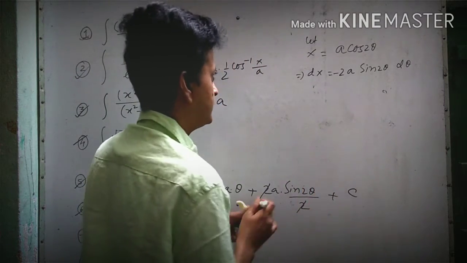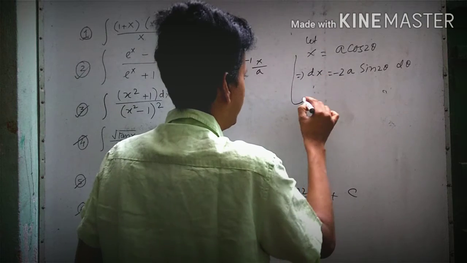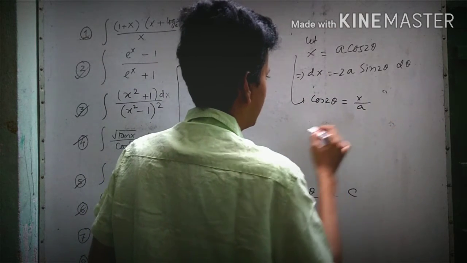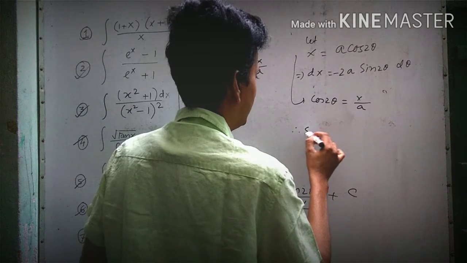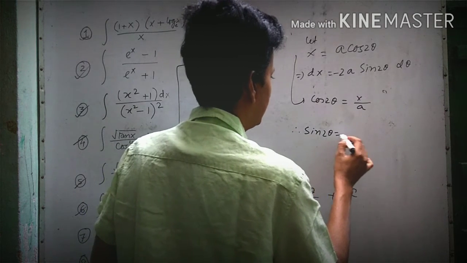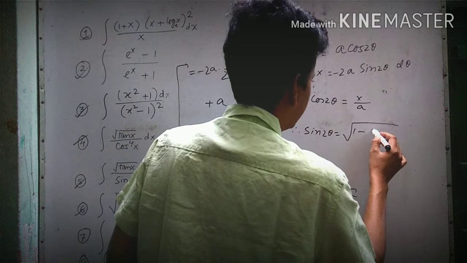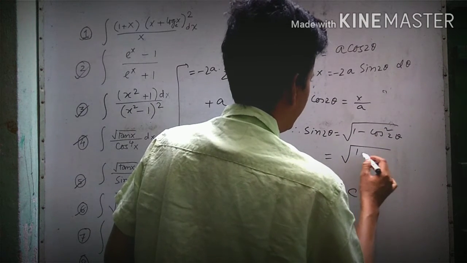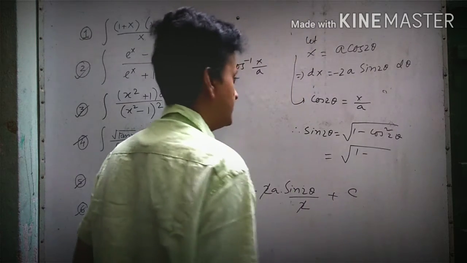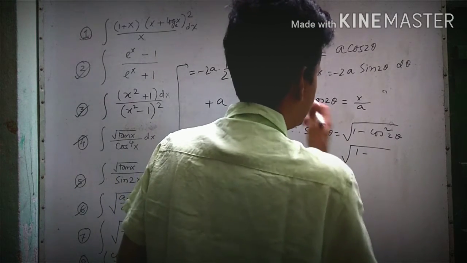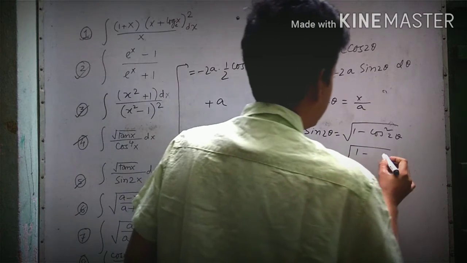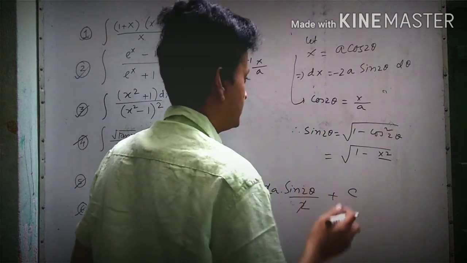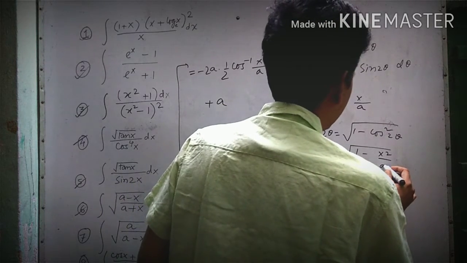So we have to find the value of sine 2 theta. Here we get cos 2 theta equal to x by a. Therefore sine 2 theta equal to root over of 1 minus cos square 2 theta, that is root over of 1 minus x square by a square.